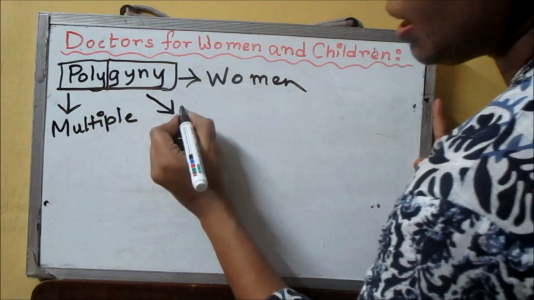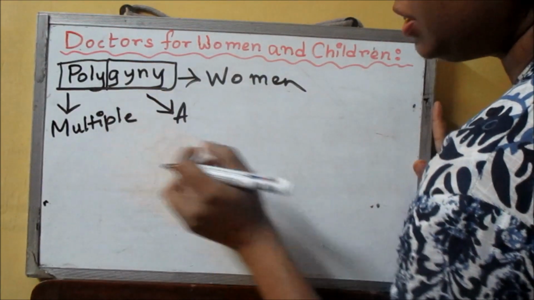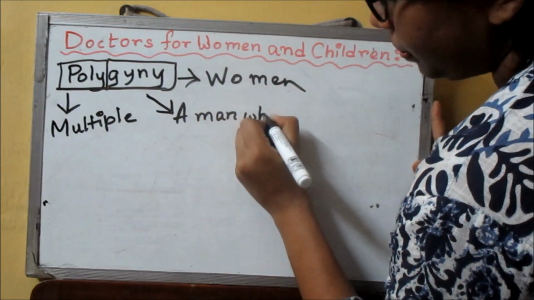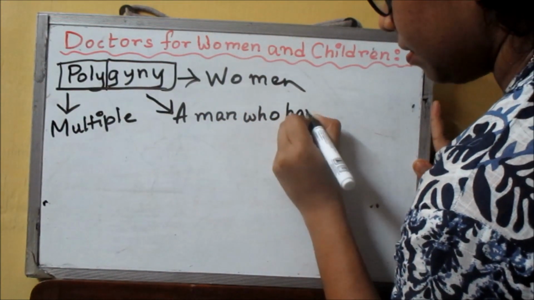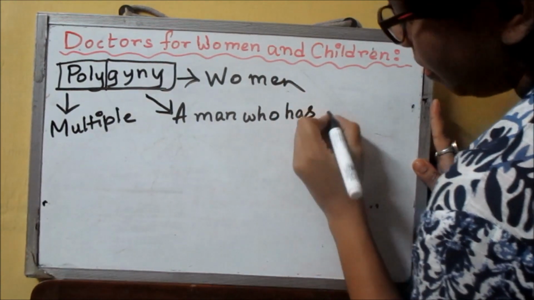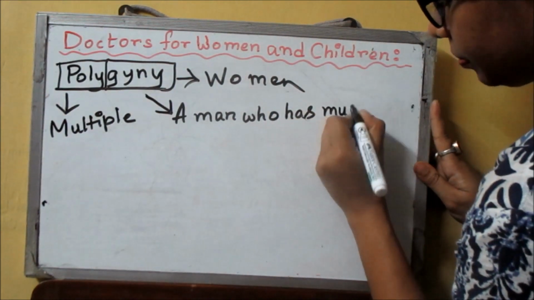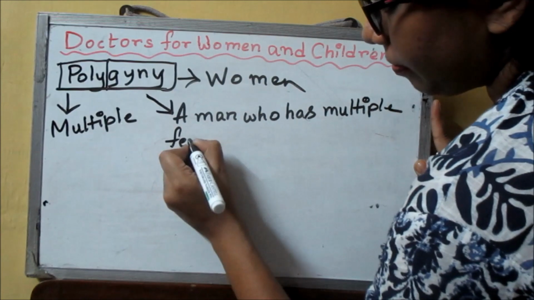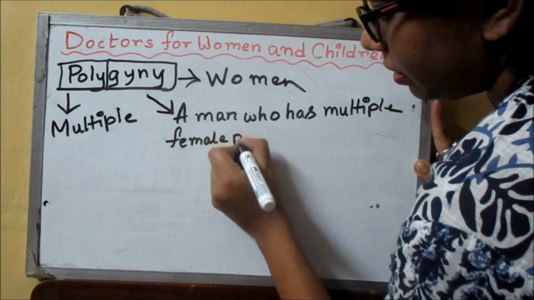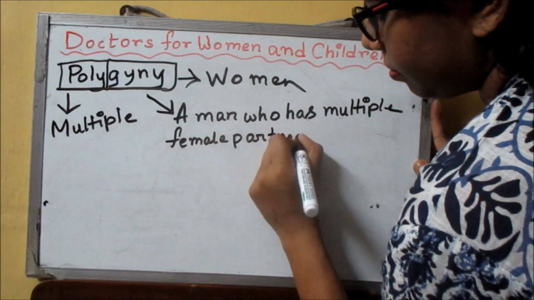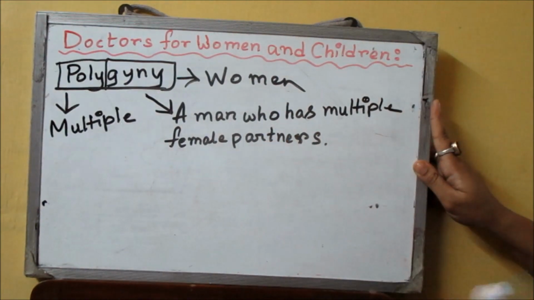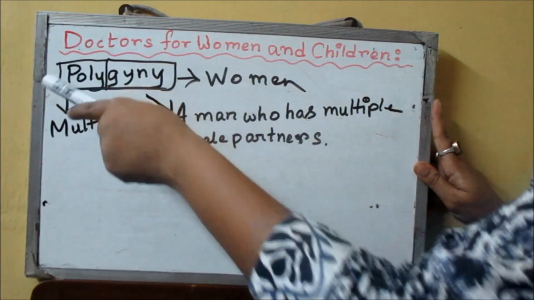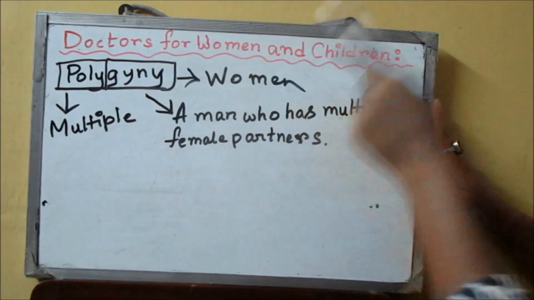Polygyny refers to a man who has multiple female partners. The word poly means multiple and the word gyny means women.